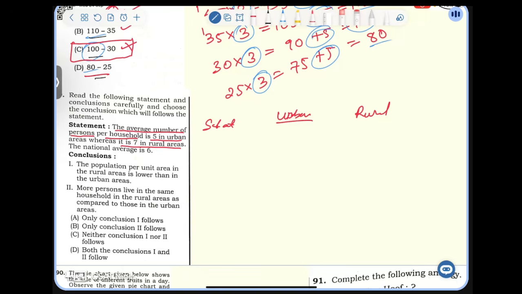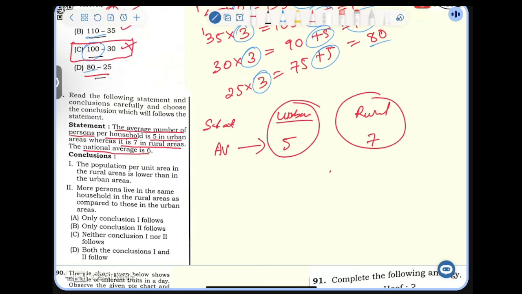So the average, I'll just write average here. Average in urban is 5 per household, and in rural there is 7 per household. This is average. Next, what is given? The national average is 6. That means combining this one and this one, the average is 6.